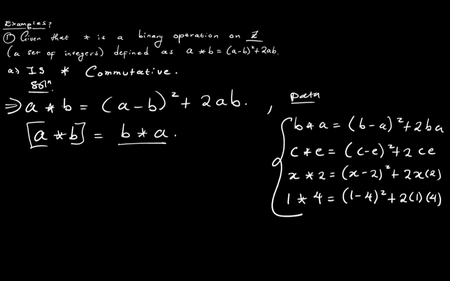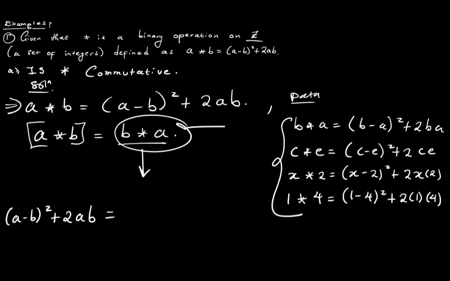Now, this means that if B star A results into that, then if I am having A star B, we know that A star B is (A minus B) squared plus 2AB. This is A star B. Now, what will B star A give us? B star A was found initially there.